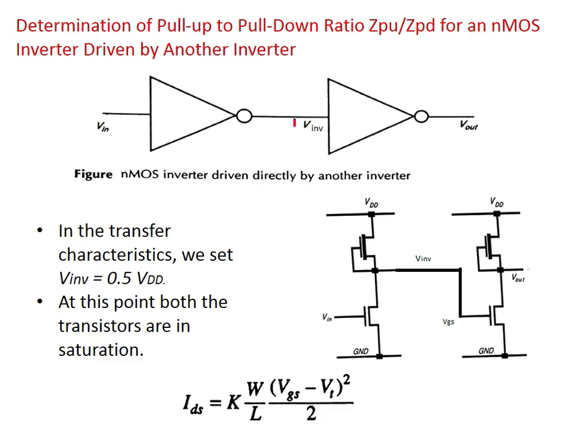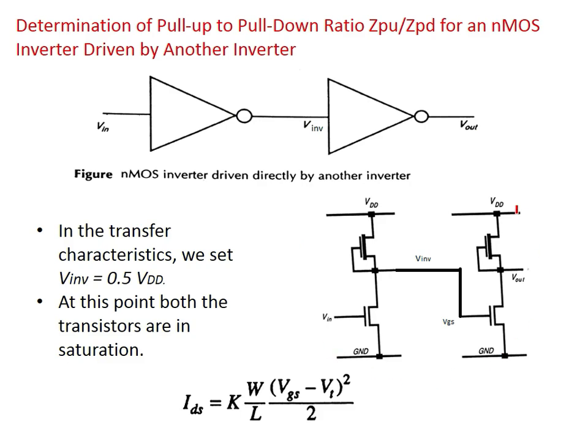So for inverter 1, the input is Vin and the output is V invert. The input for inverter 2 is V invert, which is the output of the first stage inverter. Output is V out. So the output of inverter 1 and the input of inverter 2 are the same.